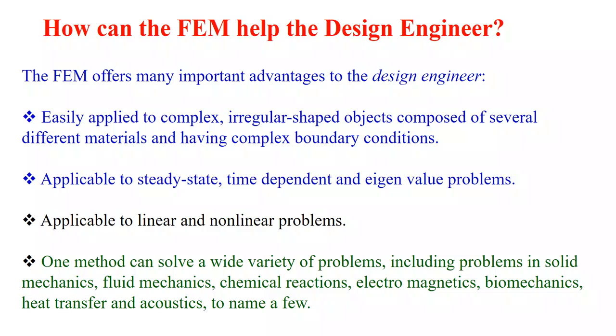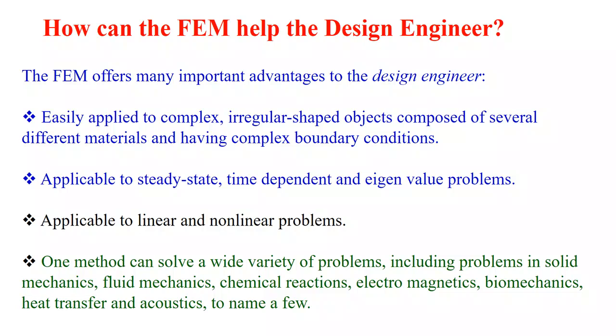The first one: it is easily applied to complex or irregularly shaped objects composed of several different materials and having complex boundary conditions. Testing complex or irregular shaped geometries is very difficult, and the mathematical formulation of equations is also very difficult.